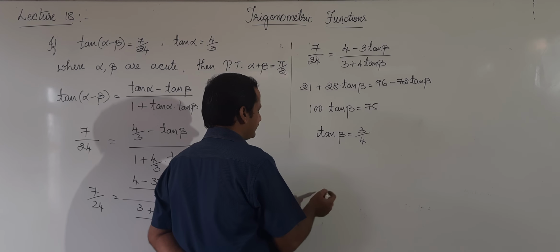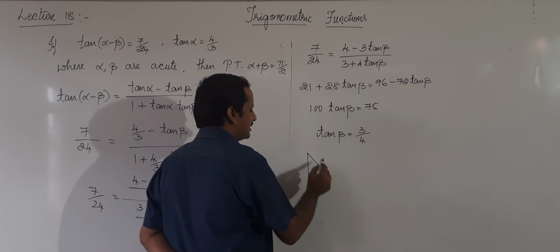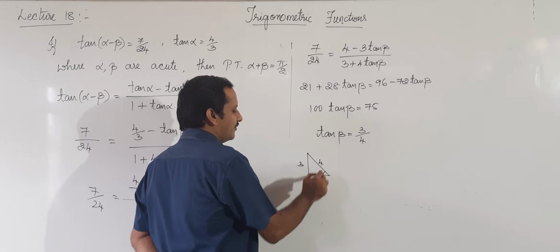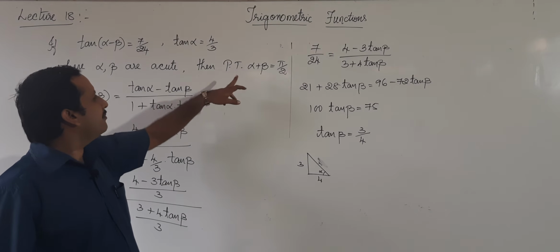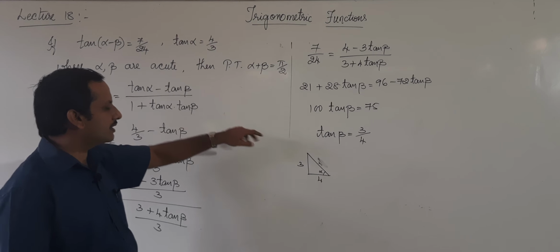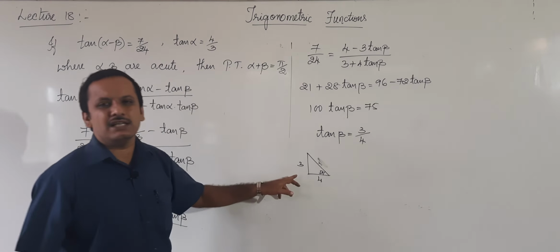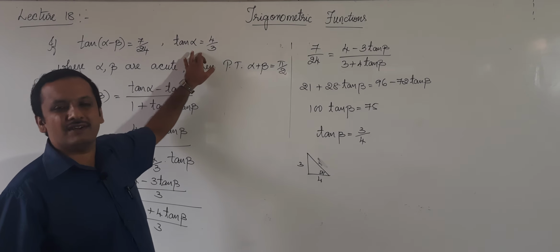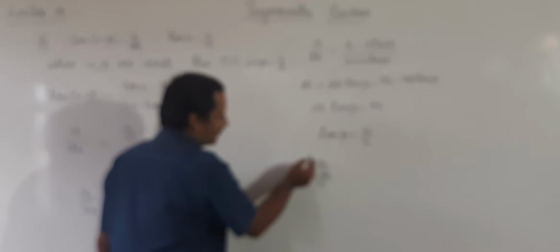See, I will consider this angle, this is beta. Tan beta is equal to 3 by 4 we have got. What is tan alpha? Tan alpha is equal to 4 by 3. Therefore, this angle must be equal to alpha.